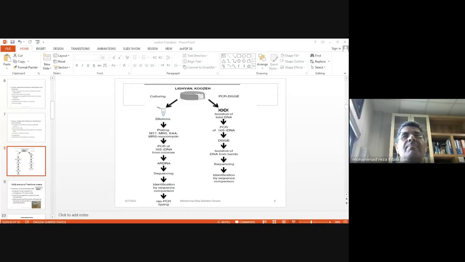And for PCR amplification of the V3 region of the bacterial 16S rRNA gene, we use universal primers.